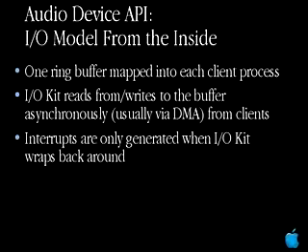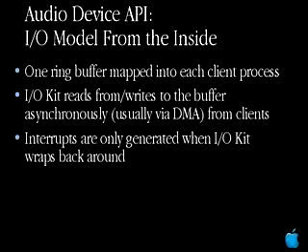And then the interrupts that we get in this system are only generated when the device driver wraps back around the ring buffer. Now, the size of the ring buffer is typically fairly large, in the current system about 3/4 of a second. So the interrupt rate for this system is extremely low.